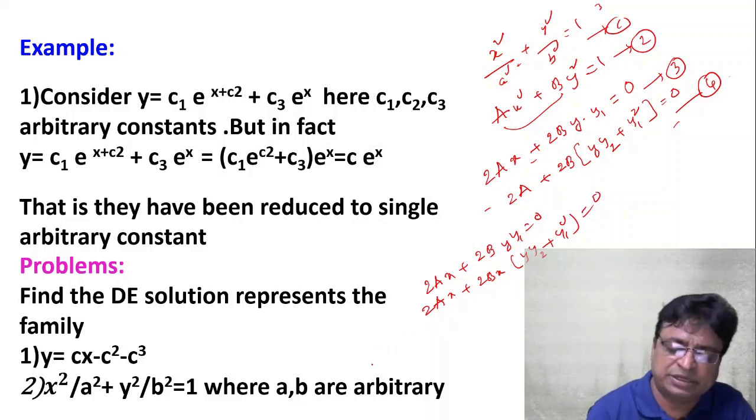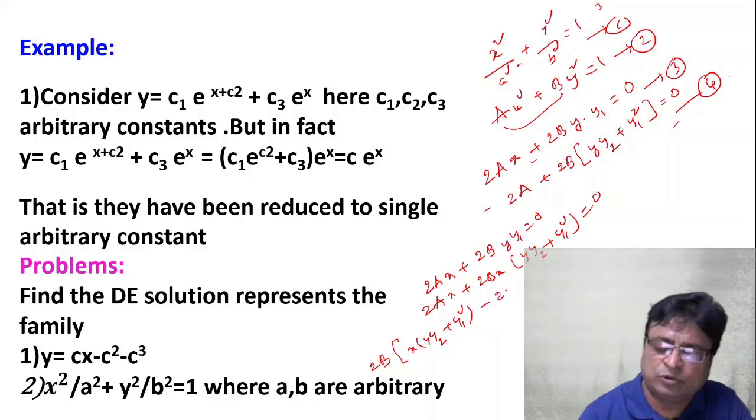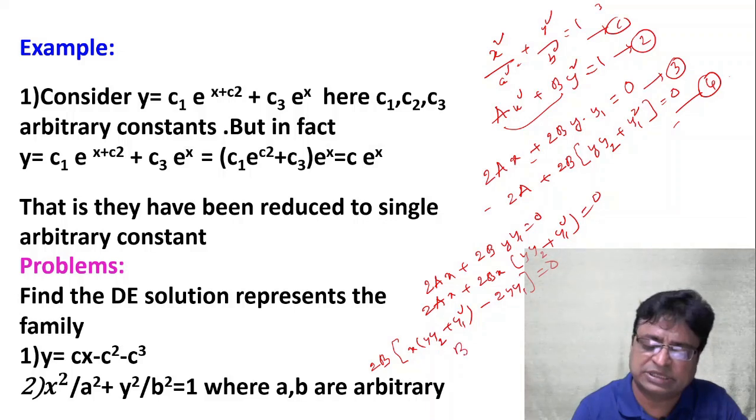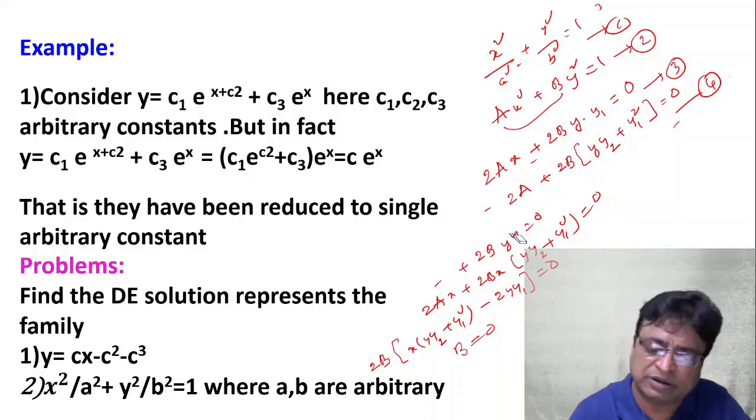After subtraction, 2b into x into y y2 plus y1 square minus 2y y1 equal to 0. So from here, I can get the value 2b. I am taking common. Therefore b becomes this, which is not equal to 0.